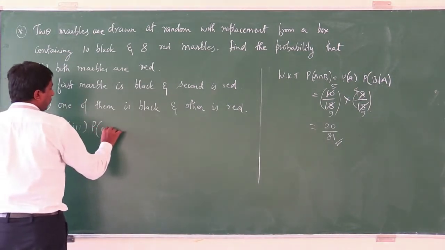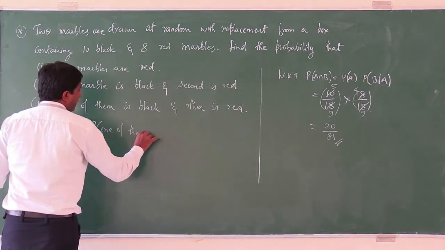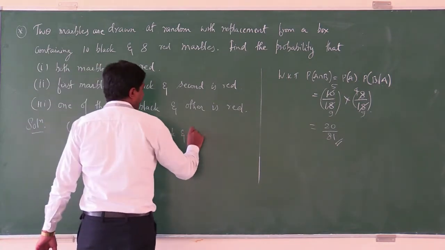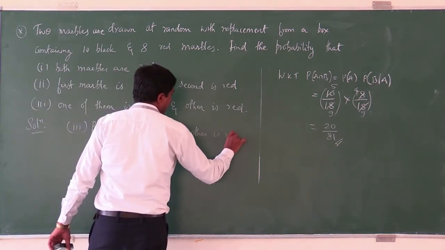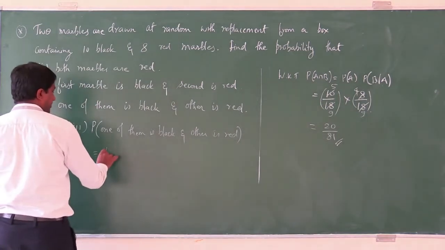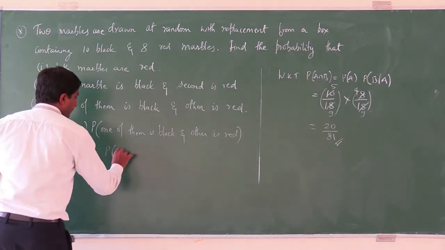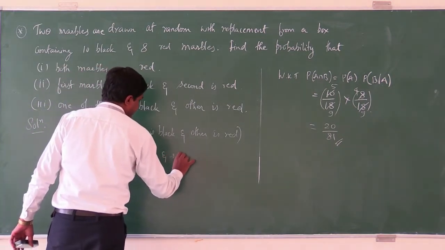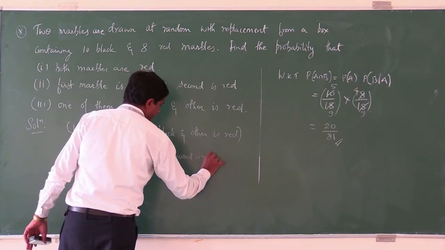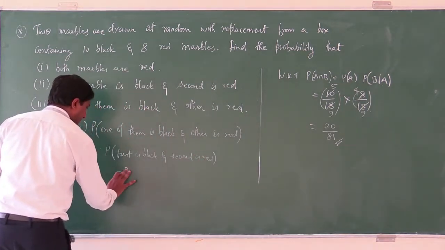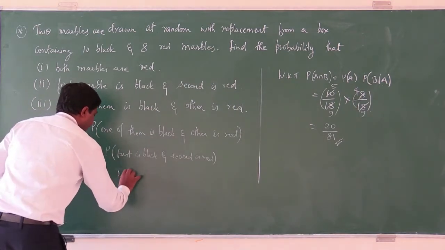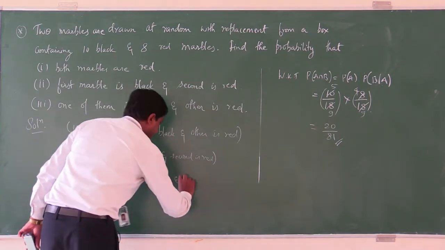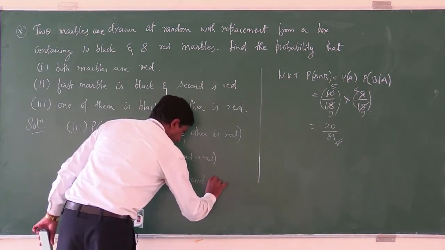Probability that one of them is black and the other is red equals P of first is black and second is red, plus probability of first is red and second is black.